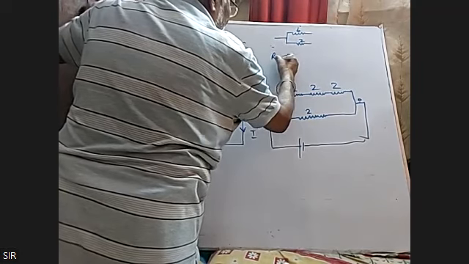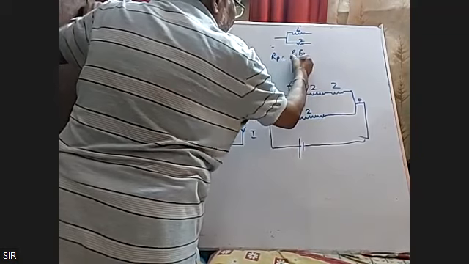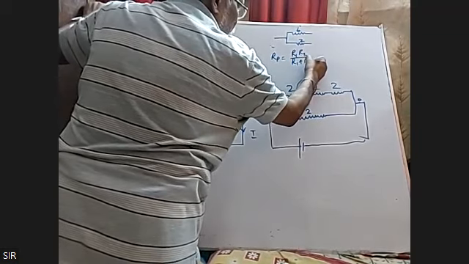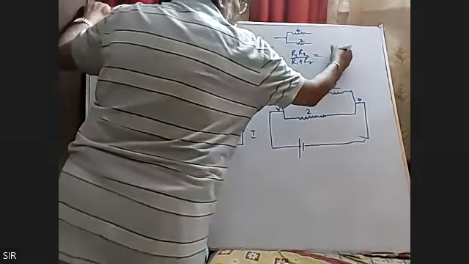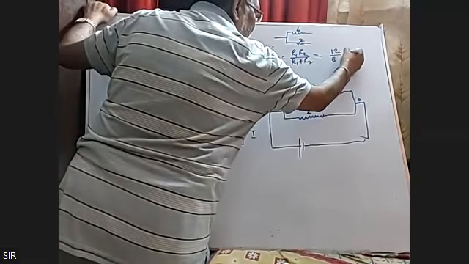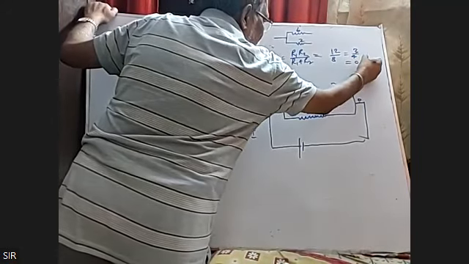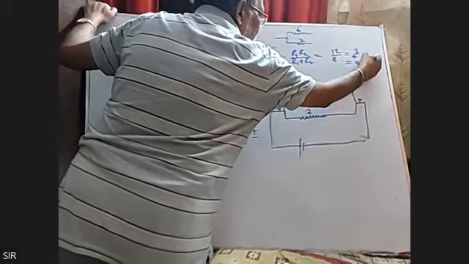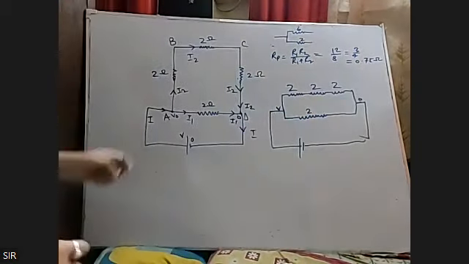Remember the shortcut Rp is equal to R1 R2 divided by R1 plus R2. So 12 by 8, 3 by 4, that is 0.75. Done.